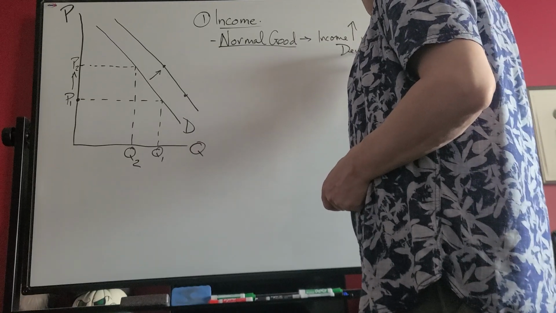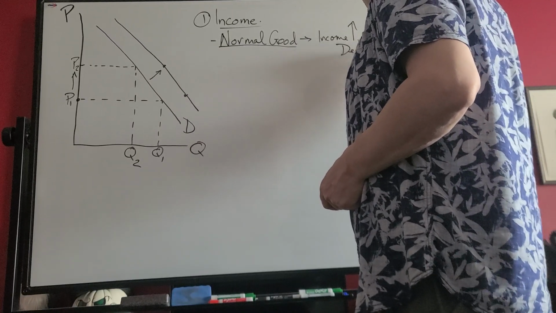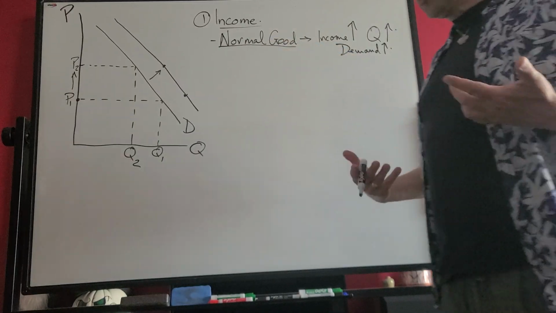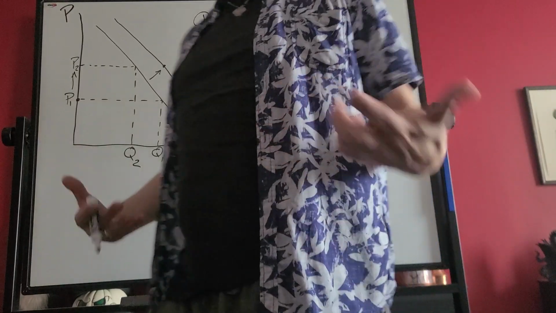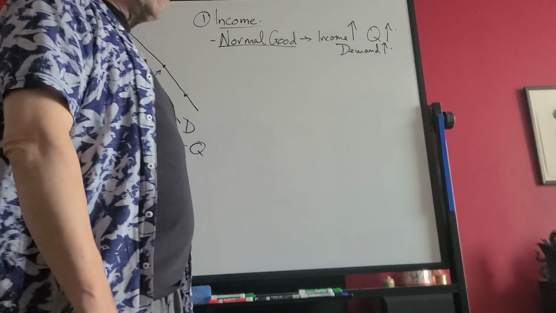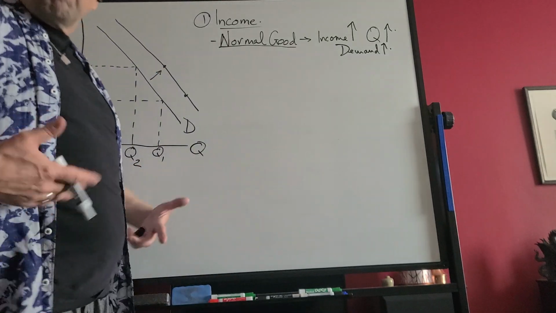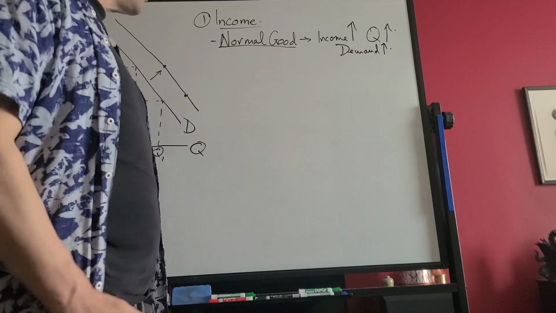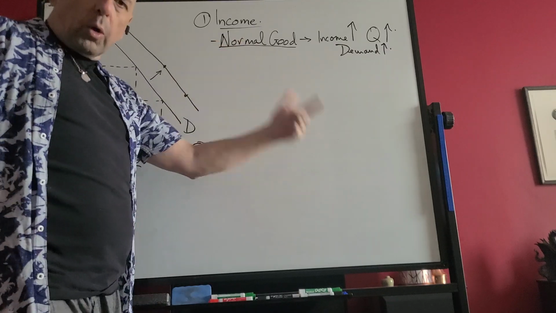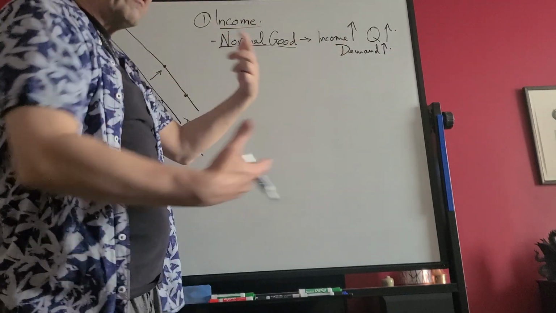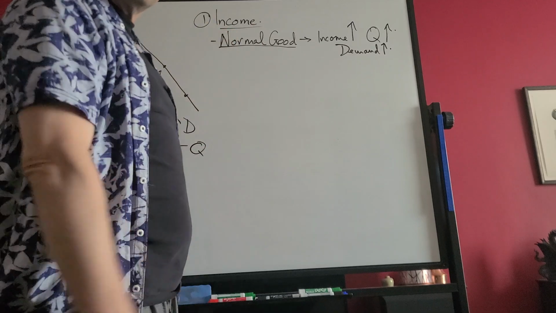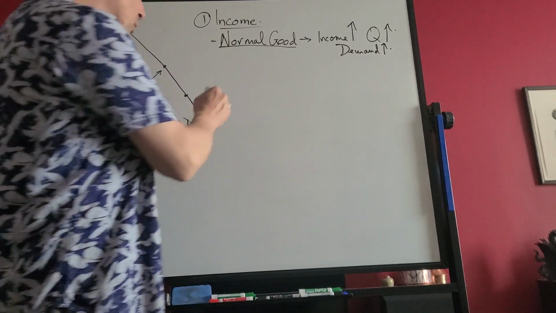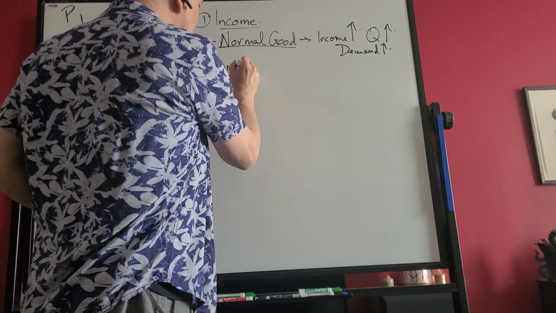Demand goes up, right? For a normal good. So ordinary things. If I really like bacon, and I can have it once a week at my current income, if my income were to double, maybe I could eat bacon twice a week. Because it's a normal good, as I get more income, I'm going to demand more of it. But there is another class of good which is called an inferior good.